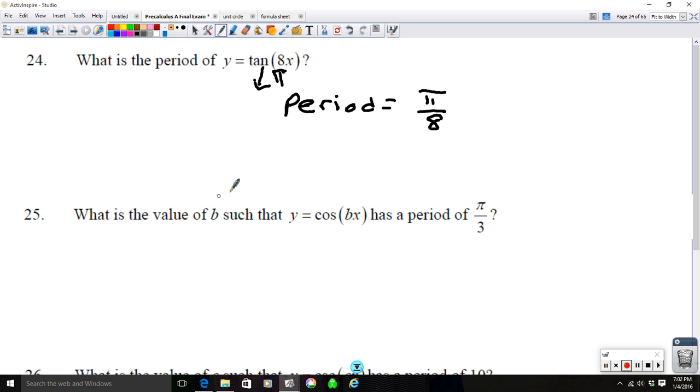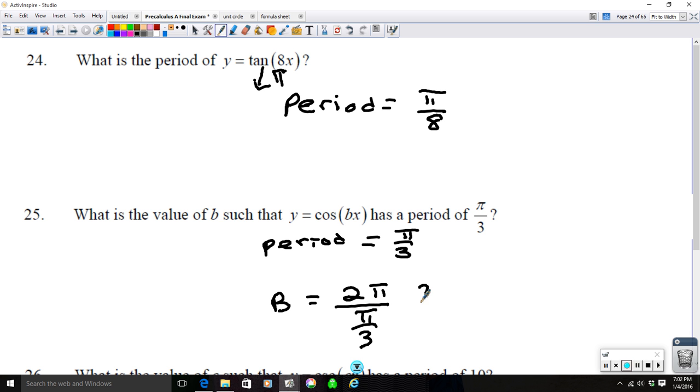For number 25, the value of b, so the cosine bx has a period of pi over 3. So b is 2 pi over the period, which is pi over 3. And 2 pi divided by pi over 3 is 2 pi times 3 over pi. These cancel out. That's going to be equal to 6.